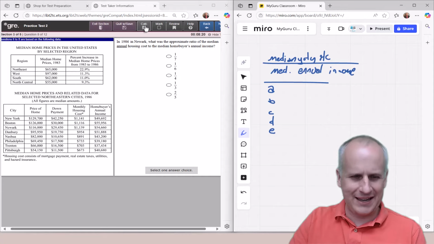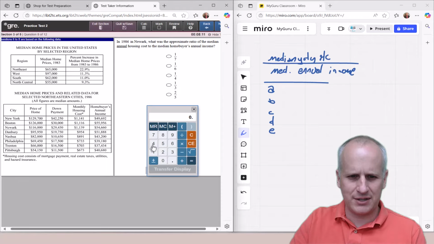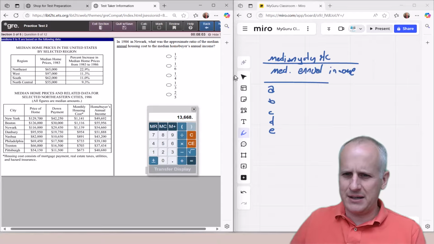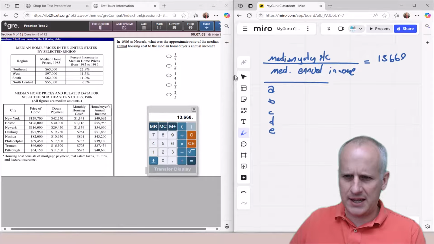And so once again, I've got to do a little bit of math, because in Newark, we know that the monthly housing cost was 1139. So I'm going to just take out the calculator again, 1139, multiply that by the 12 months of the year to figure out that the median yearly housing cost is 13,668.